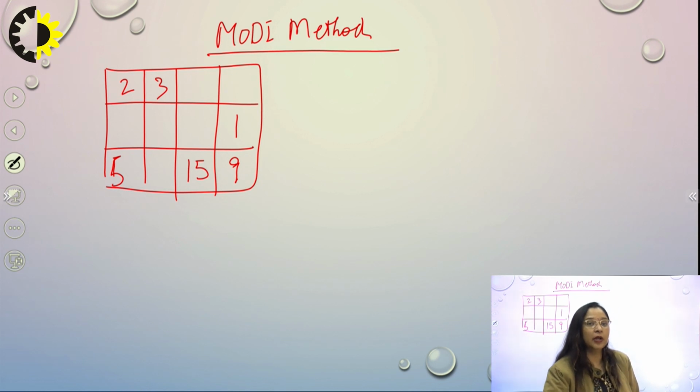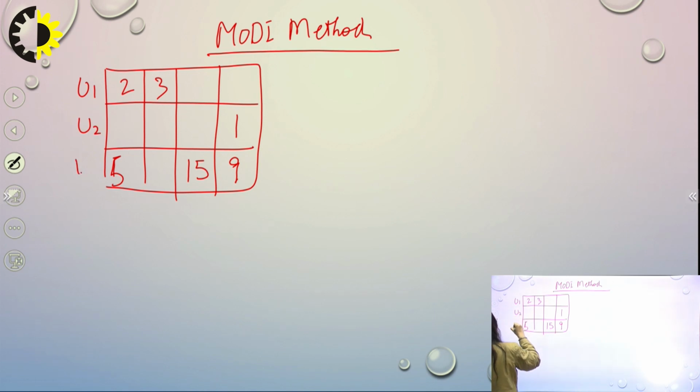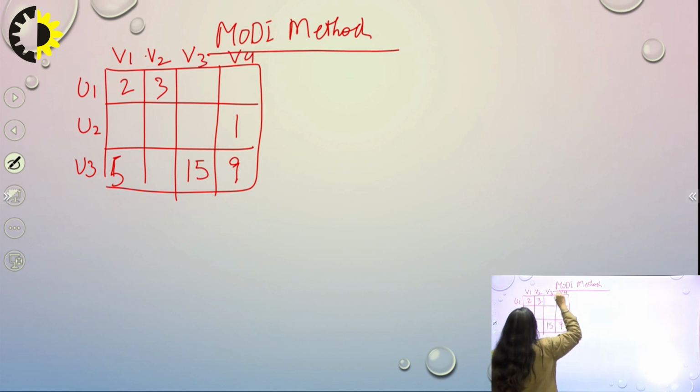Now, MODI method is also known as UV method. UV method states that we will designate the rows as U1, U2 and U3 and the columns as V1, V2, V3 and V4.